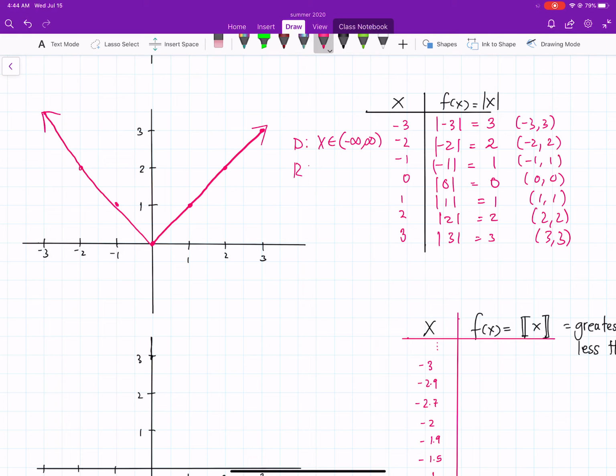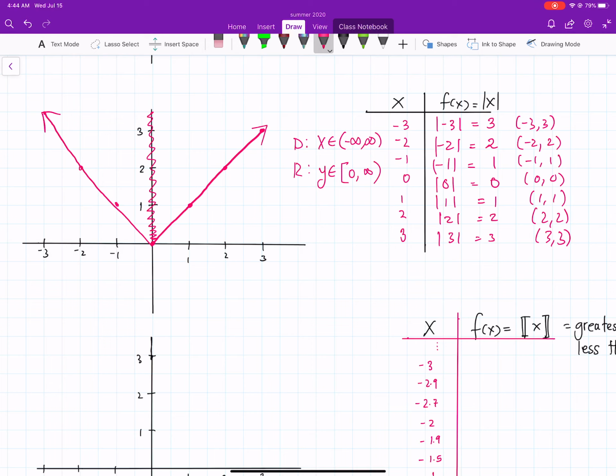How about the range? The range looks like all the possible y values are just at the top over here, the positive y axis. So y belongs to, strictly starting from 0 to +infinity.